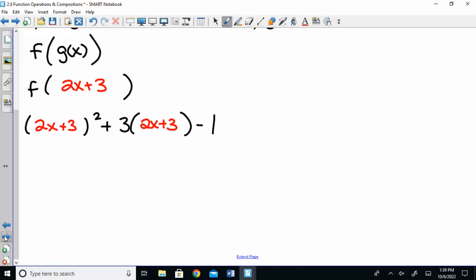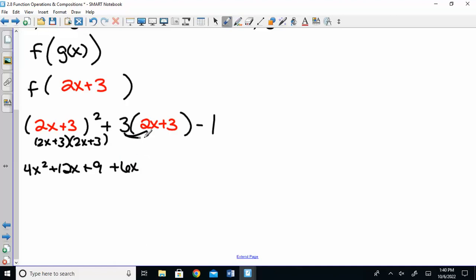All right. How do we do 2x plus 3 squared? Well, okay. We get 4x squared plus 6x and plus 6x would be a 12x plus 9.